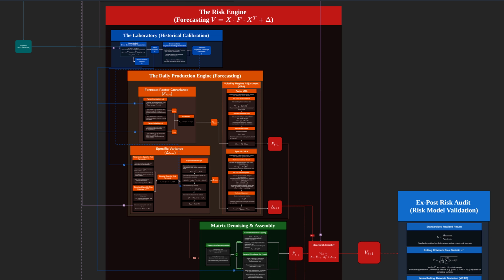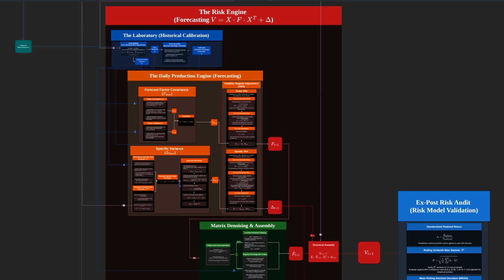Now, today I don't want to dive into every mathematical detail that you see on this diagram. What I really want to do is walk through the structural logic of the engine and discuss why this pipeline is separated into 3 distinct phases, and maybe provide some intuition for architectural decisions we make as we go through this pipeline.